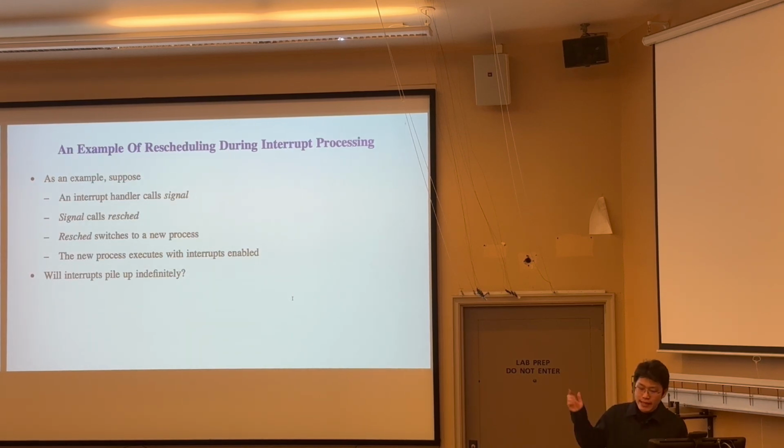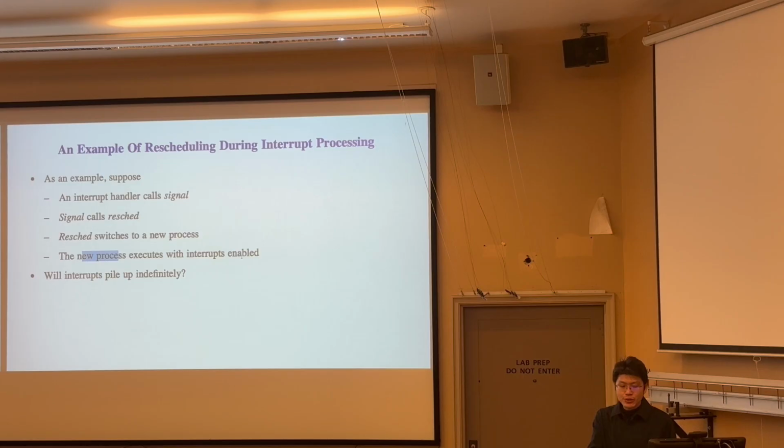So this is an example. An interrupt handler calls signal, because signal calls reschedule. And it is possible that reschedule switches to a new process, and this new process executes with interrupts enabled.